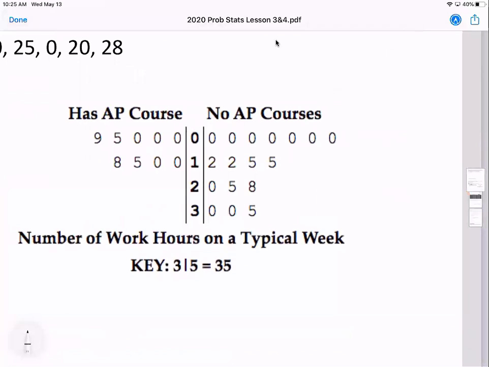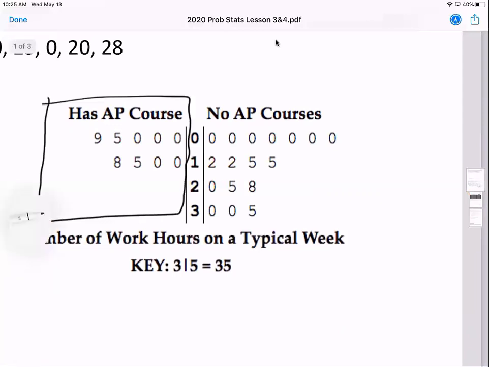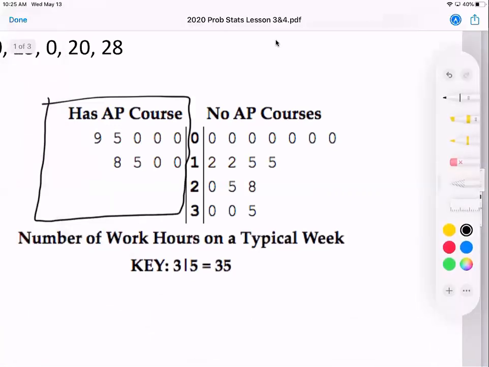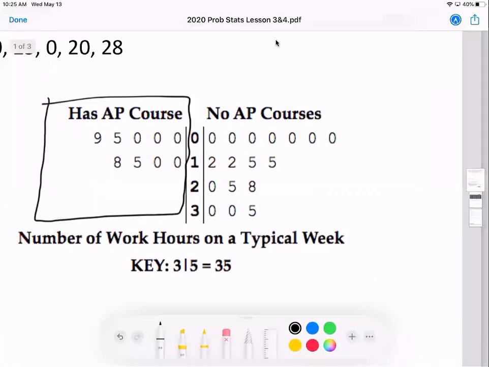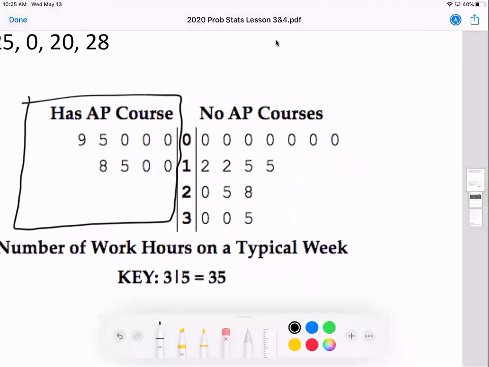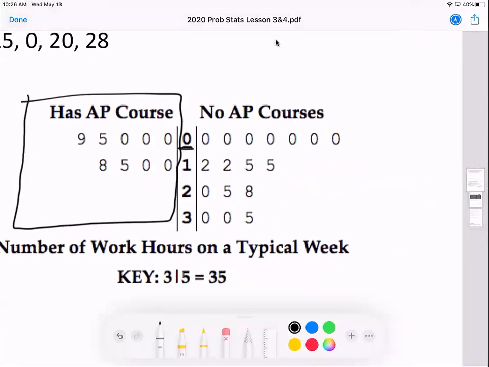First, we have this data on this side, is all the data for students who have an AP course. There we go. So we have this 0 is going to represent single-digit numbers, whereas this 1 represents numbers that start with a 1. So this would be 10.